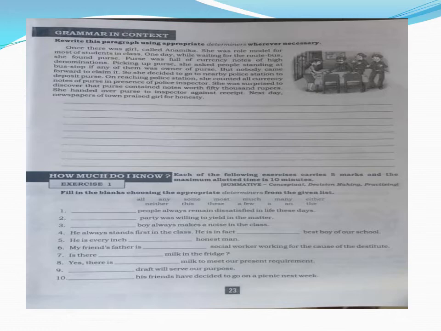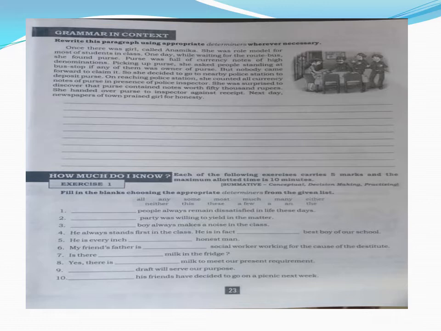Okay, so this is in the first sentence. Once there was girl. There was a girl. So the article a is missing before girl. Called Anamika. She was role model for most of the students in class. She was a role model. So she was a role model for most of the students in her class.